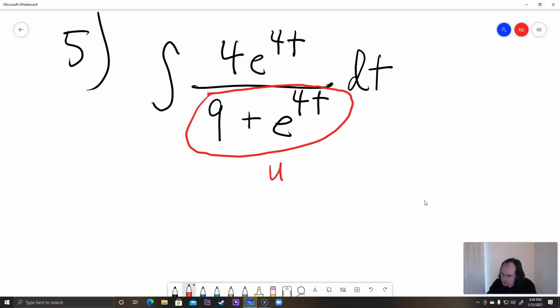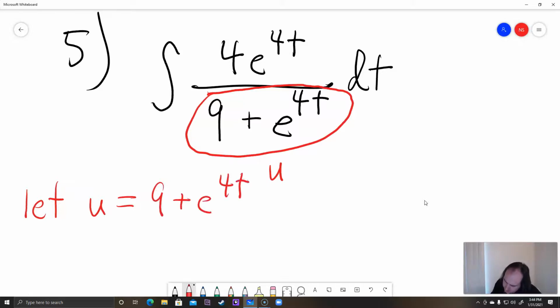So here u is going to be 9 plus e to the 4t. And of course, if you try u and it doesn't work, then you can pick a different u later, but I'm pretty sure this is going to work. So I'm going to let u equal 9 plus e to the 4t. Again, that's the inside of the most complicated composite function that I see there.